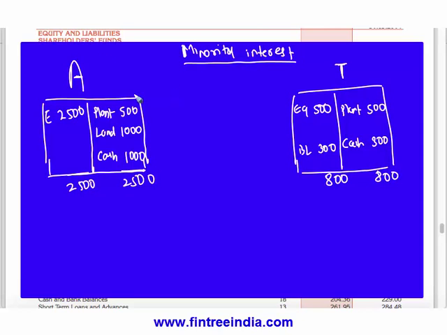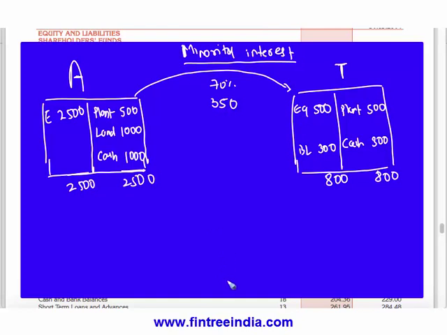Now company A has decided to acquire, let us say, a 70% stake in company T at a price of 350. Company A has acquired a 70% stake in company T at a price of 350.